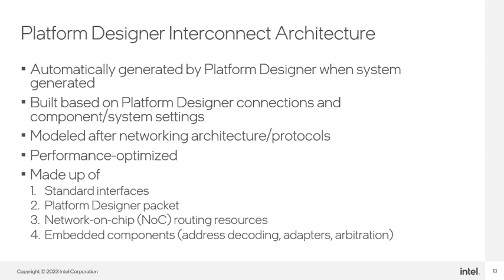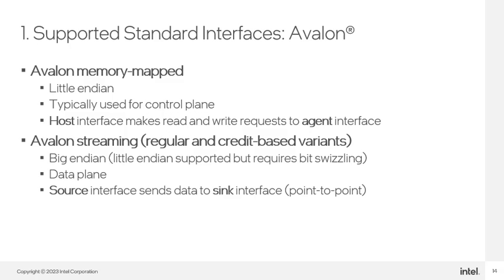The interconnect is made up of four main structures: standard interfaces, the Platform Designer packet, network-on-chip routing resources, and embedded system structures. The first key part of the Platform Designer interconnect architecture is the use of standard interfaces. Standard interfaces are what components use to communicate with each other and how they connect to the interconnect.